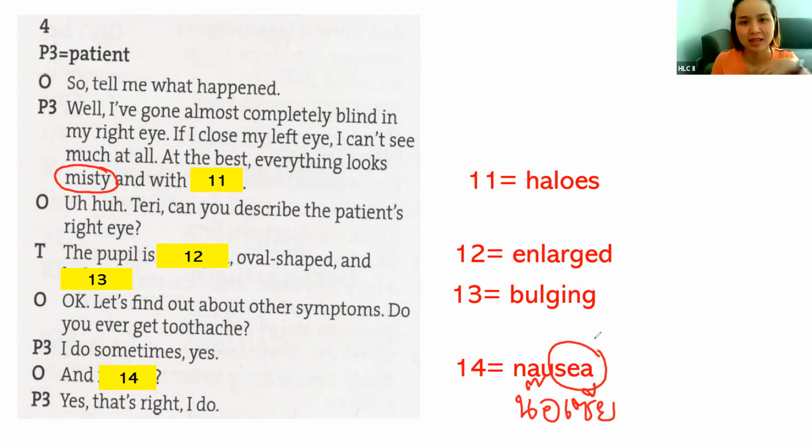So even though you see the word sea, it's actually pronounced nausea. That's why ปลากระป๋อง, some canned fish, is called Nautilus. Have you ever heard of this brand? Nautilus.